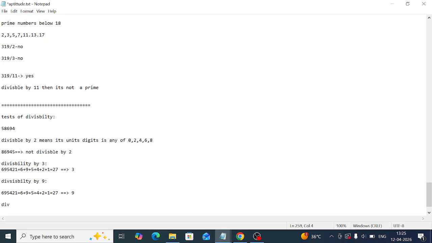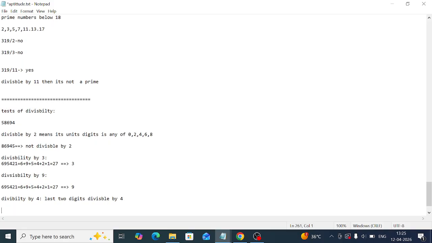Next, divisibility by 4. You can say this number is divisible by 4 if the number formed by the last 2 digits is divisible by 4. Last 2 digits divisible by 4.